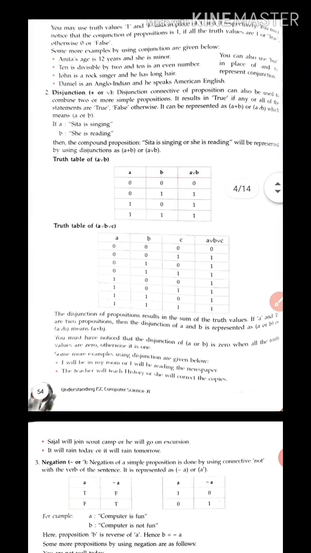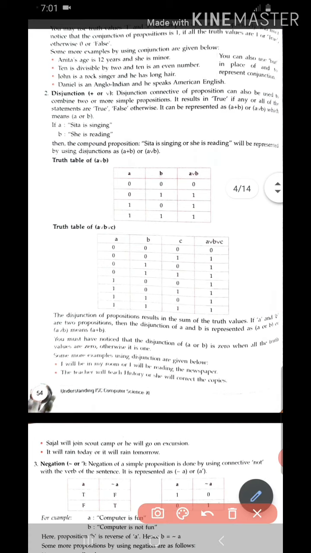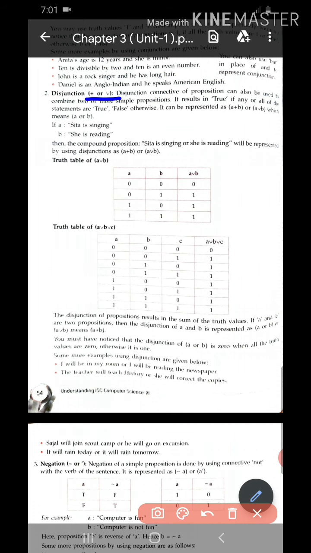Disjunction. See, disjunction is used with the help of two symbols, that is plus and v. These symbols you have to use. You can write it in this form A plus B or A or B, and you can say it A or B directly. We are having A and B as an example, and or indicates anything we want is either this or this, but we want either A or B, anything.